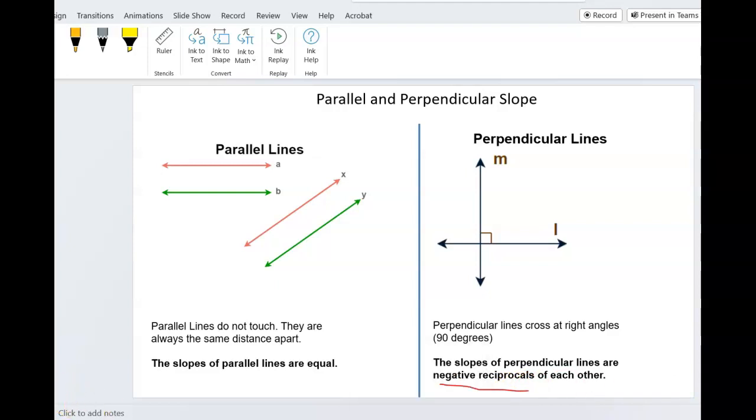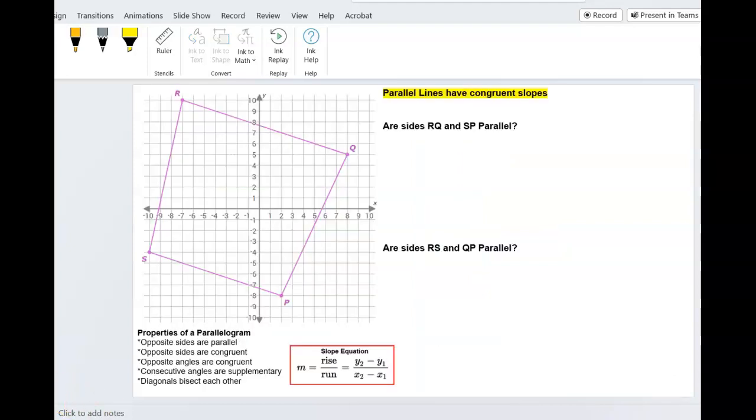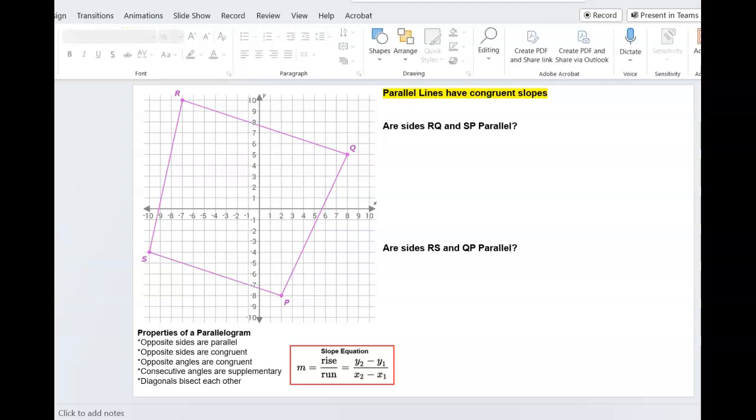So as a quick review, this is finding slope to see if they are parallel lines. And remember, again, if lines are parallel, they have equal slope. So let's see, I'll highlight as we're going through. So I'm going to find the slope of RQ, which is across the top.